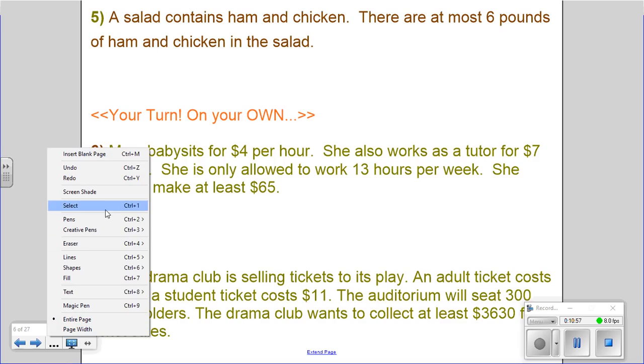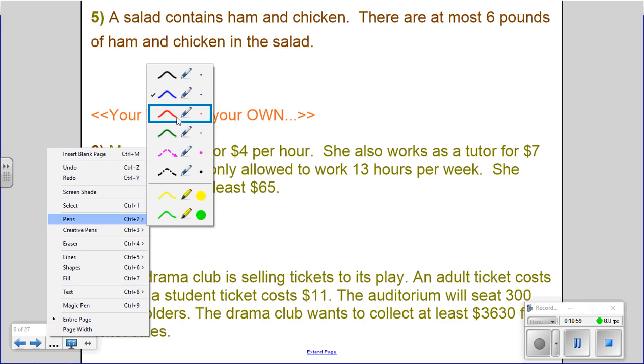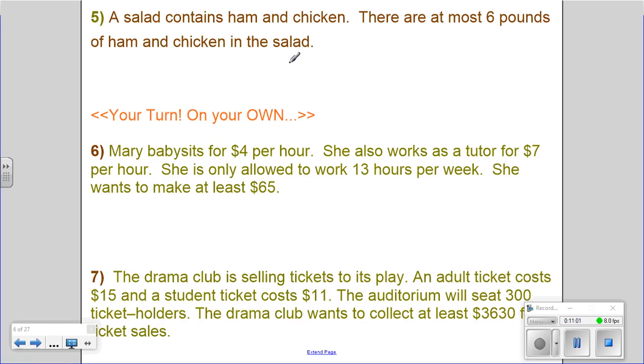All right, the last one we'll do together is number 5. Number 5 says a salad contains ham and chicken. There are at most 6 pounds of ham and chicken in the salad. So I'm going to use H for ham, or pounds of ham, and I'm going to use C for chicken, or pounds of chicken.